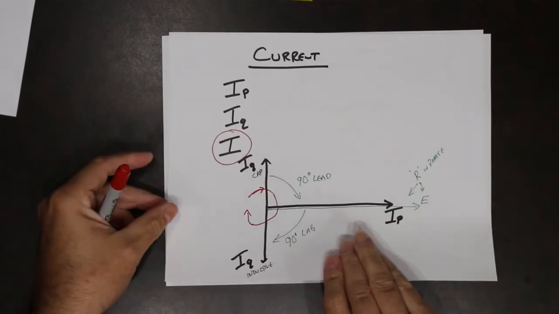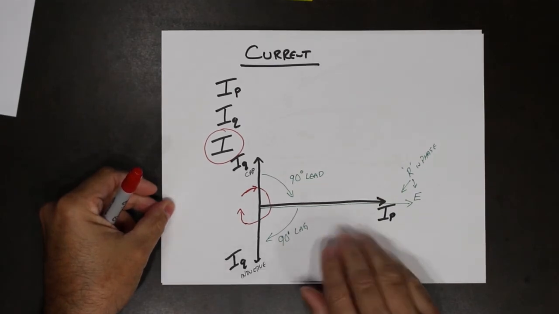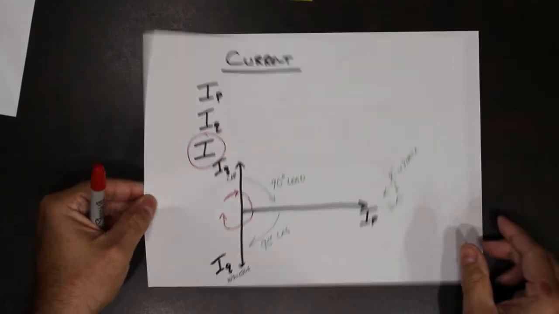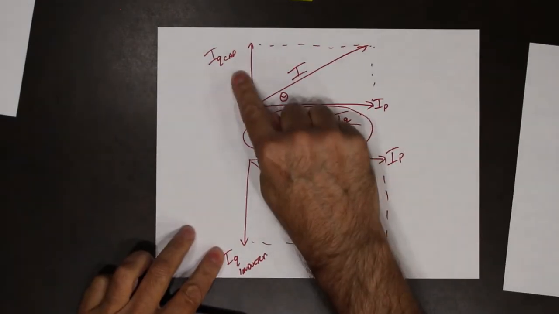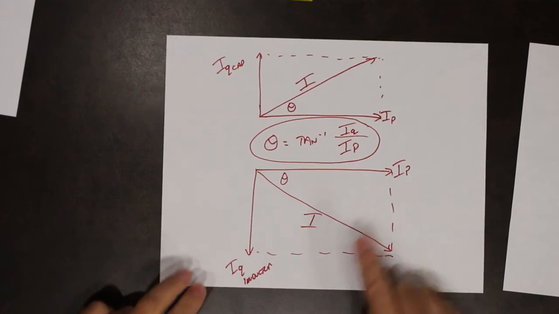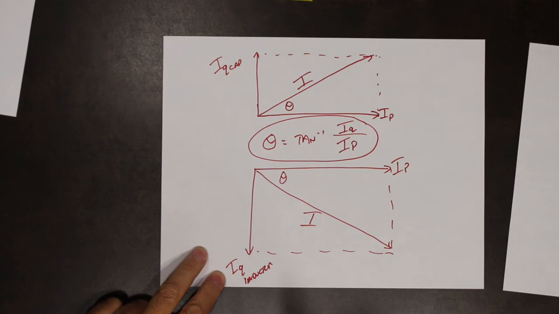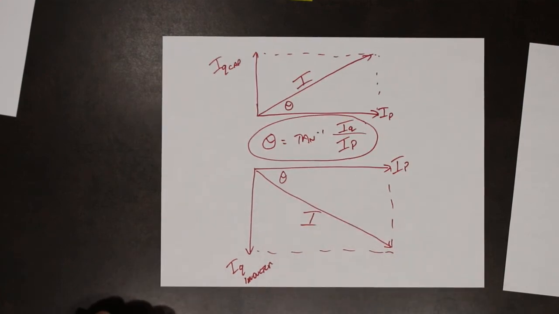So when we look at current, the vector representation of the currents looks like this. And depending on whether we have capacitive current or inductive current will determine whether our phase angle is positive or negative.